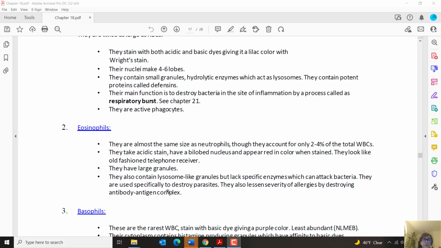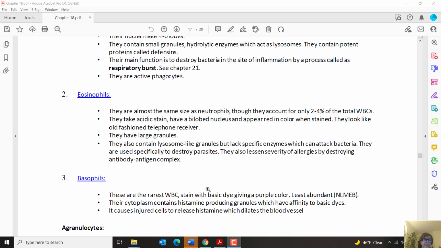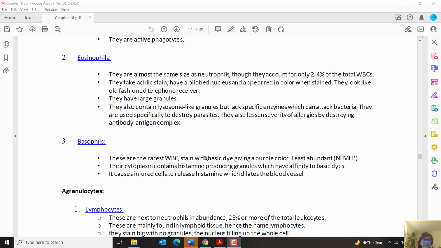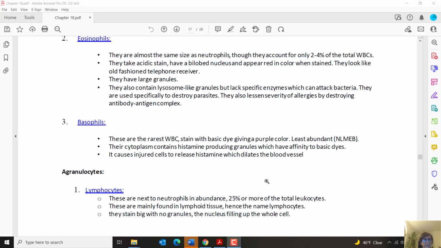They're mainly used to destroy parasitic worms. Basophils are the rarest, and they stain with basic dye, giving a purple, almost blue color. Their cytoplasm contains histamine-producing granules, which are released when injured to dilate the blood vessel.